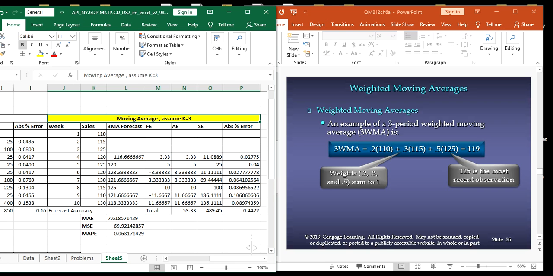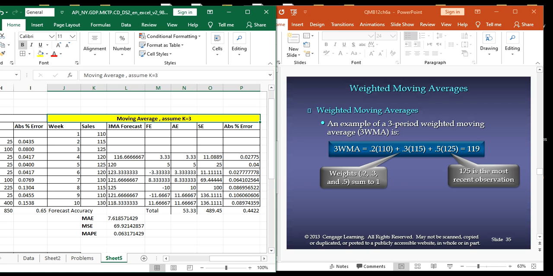Because this is just last week, and it is the closest one to this week, we weight it 50%. These weights are up to the managers, the decision makers, how they select them. Here we are just showing how to calculate, but it's up to their experience, the historical data that they have, and all their experience actually.